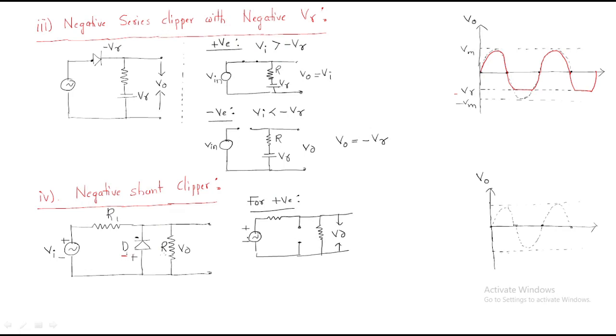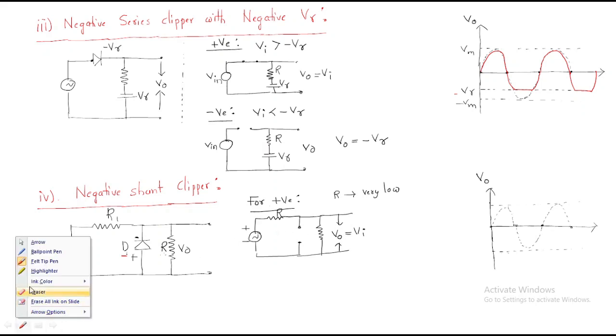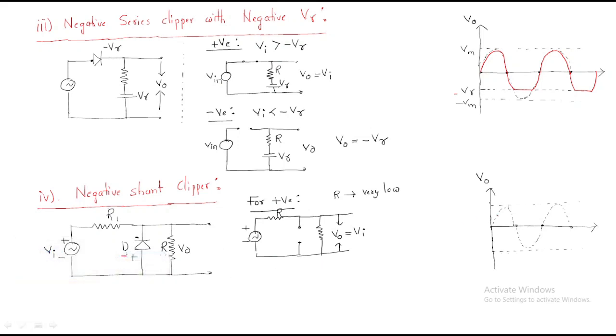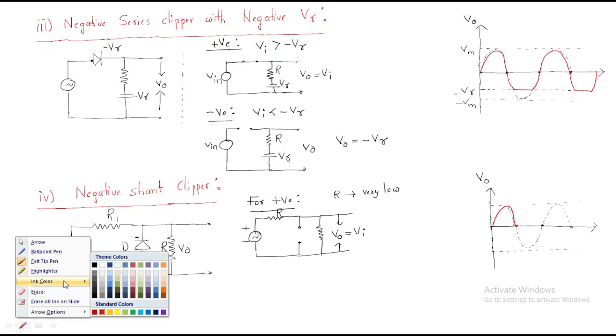Then the total input will be available at the output. Consider this R value is very low, that's why the drop is very less. Approximately V0 is equal to the input voltage, that's why the total voltage will be available for the positive half cycle. So wherever the positive half cycle is, the complete voltage will be available here.